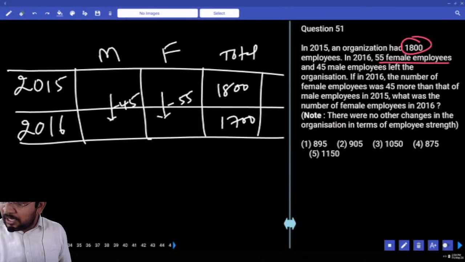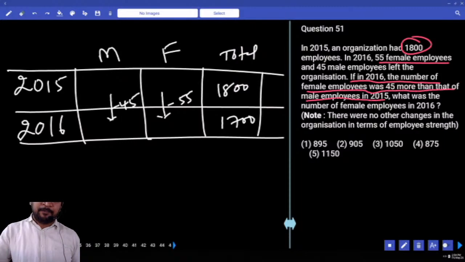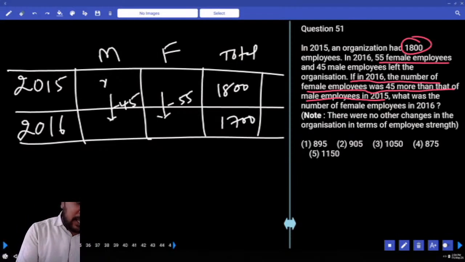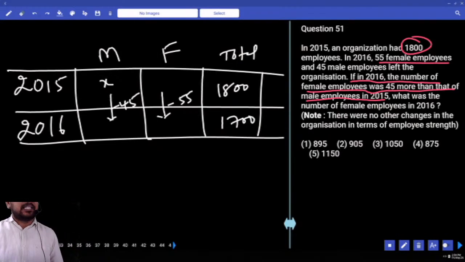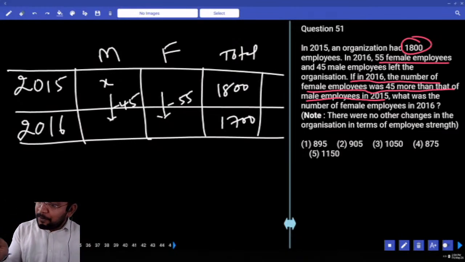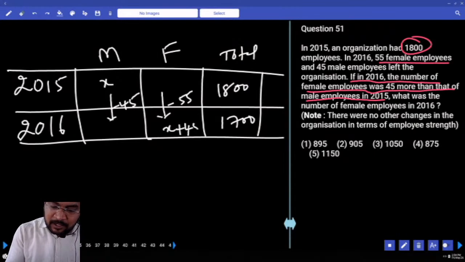Okay, next point is what? If in 2016 the number of female employees was 45 more than that of male employees in 2015. If you observe, the 2015 male employees, we don't know. I assume some X. Now the female employees in 2016 is 45 more, which is X plus 45.